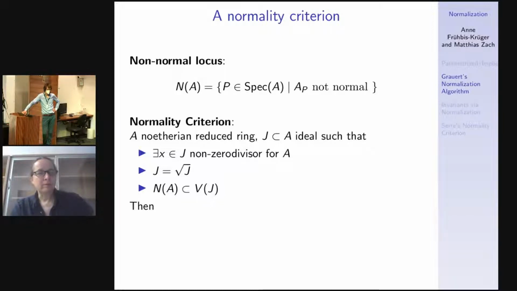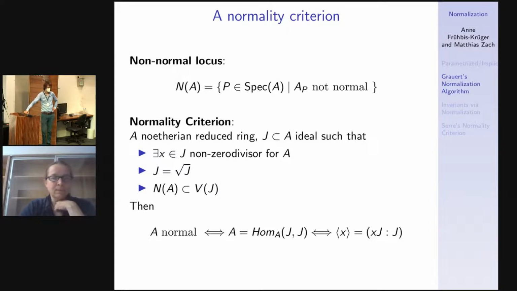So we take A, a reduced Noetherian ring, J in A an ideal, such that the ideal contains a non-zero divisor for A, such that the ideal J is radical, and such that the non-normal locus is contained in the vanishing locus of J. If we have picked our ideal J in this way, then A is normal if and only if A is equal to the A homomorphisms from J to J, which can be checked by saying that 1 divided by x times the ideal quotient is A, or in other words, the ideal generated by x equals this ideal quotient.